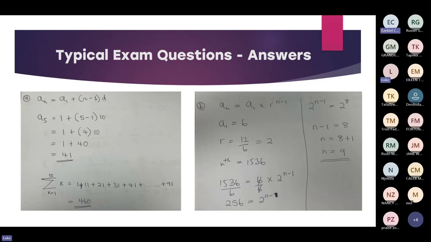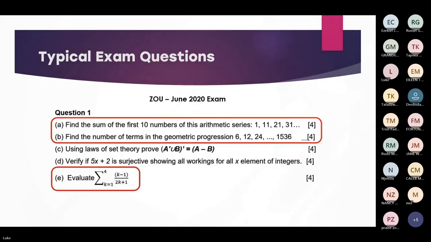But as explained, we can also use the summation formula to get the same answer. With the previous method you are supposed to list all the 10 elements. If you look at that question, it says find the sum of the first 10 numbers of this arithmetic series.